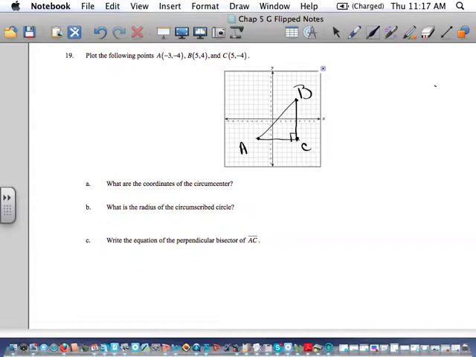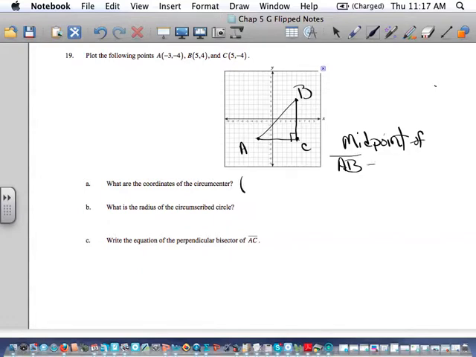If I have a right triangle, the coordinates of the circumcenter, remember in a right triangle, the circumcenter is equal distance from 3 vertices, A, B, and C. So therefore, it's the midpoint of line AB. So I need to find the midpoint of AB, which is the hypotenuse.